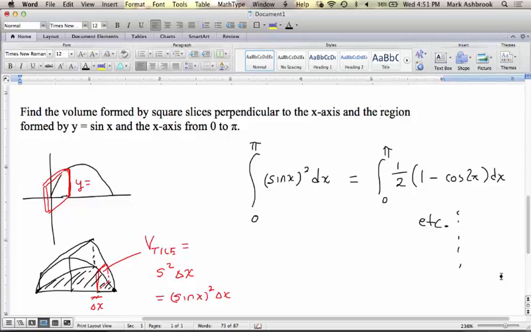Okay, and then we can get that's the volume of that solid, right? Adding up all the volumes of the square tiles that change size as you go from 0 to pi, according to sine x.